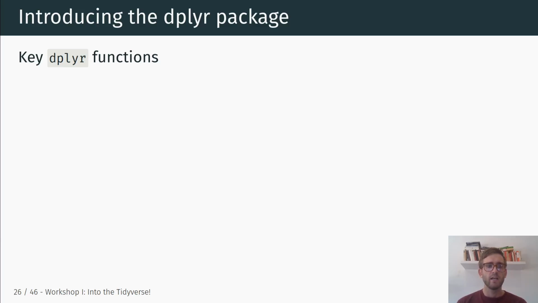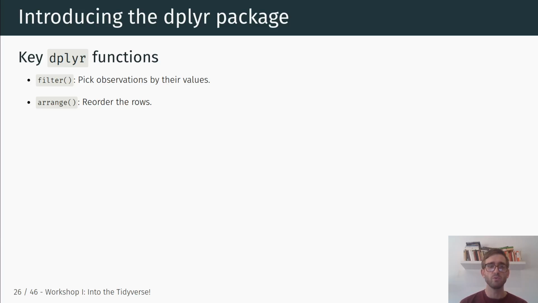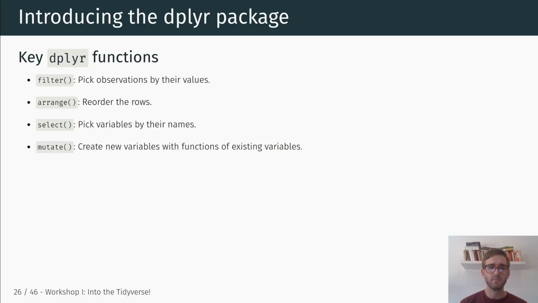So the key dplyr functions that are available to transform data are filter, which allows you to pick observations by specific values; arrange, which allows you to reorder rows in your data frame; select, which picks variables according to their names in the data frame; mutate, to create new variables with functions of existing variables.